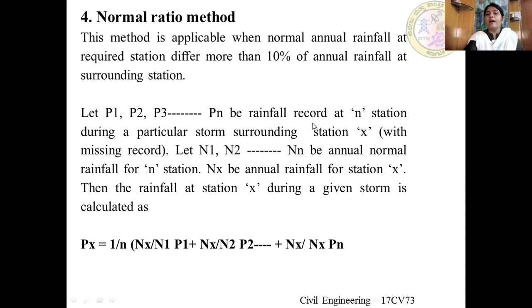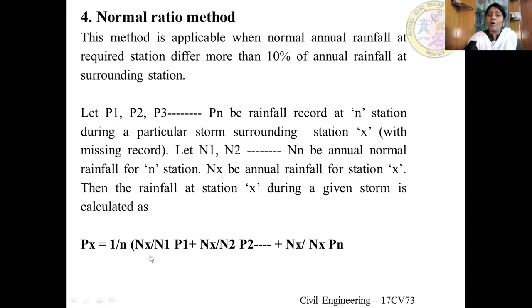till Pn are the rainfall records or precipitation values at n stations during a particular storm surrounding the station X, and N1, N2, N3 are the normal rainfall values, annual normal rainfall values for n stations. And let us assume that NX be annual rainfall for station X, but PX is missing. Okay, so the rainfall at station X during a given storm is missing.